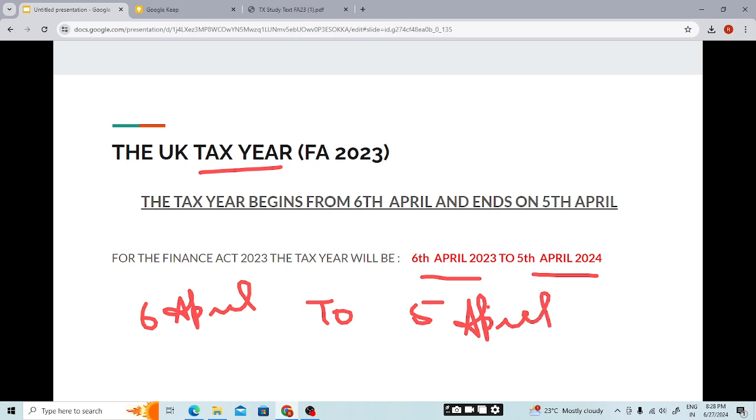As in India, we have from April to March, in UK we have from 6th April to 5th April. And the Finance Act we will be studying is the Finance Act of 2023. So the tax year for the Finance Act will be 6th April 2023 till 5th April 2024.